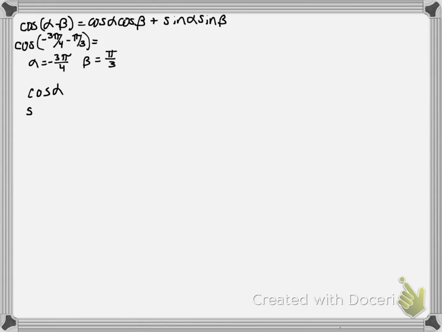First, the cosine and sine of alpha, where alpha is negative 3π/4. Negative 3π/4 is the same as 5π/4 on our unit circle, so the sine and the cosine are both negative √2/2. So the cosine of negative 3π/4 is negative √2/2, and the sine of negative 3π/4 is negative √2/2.